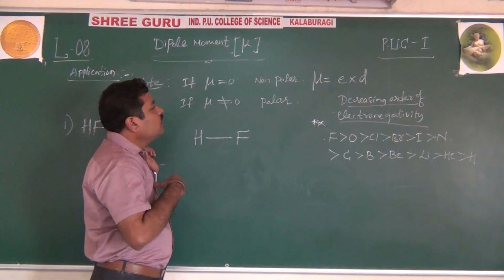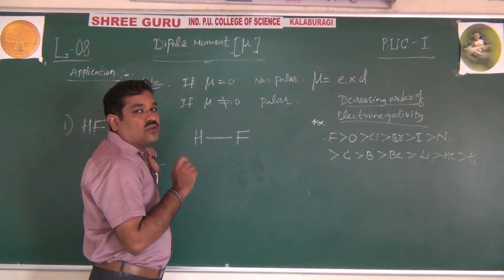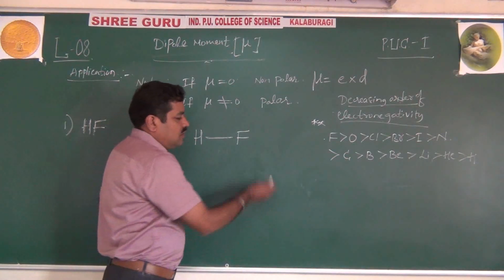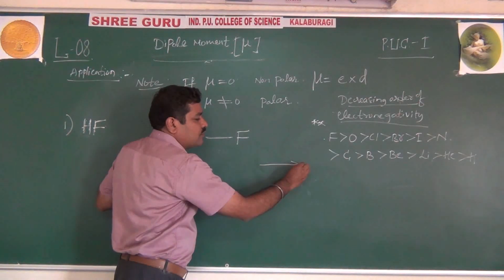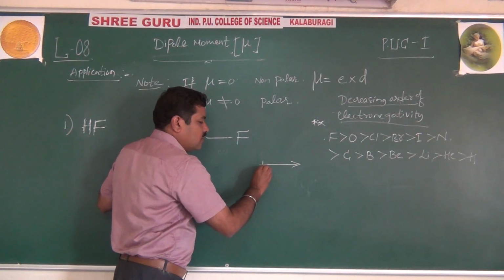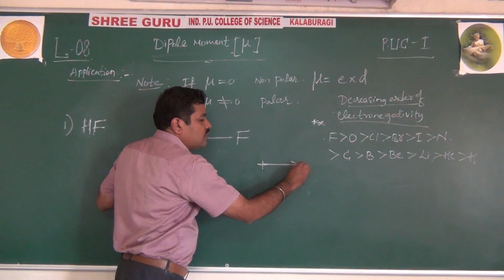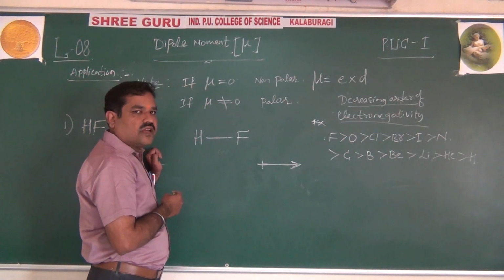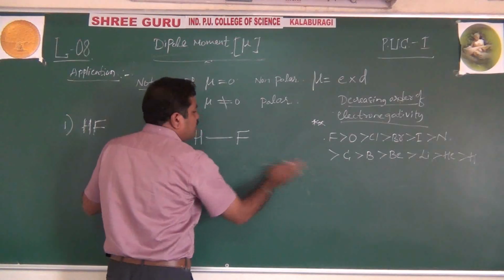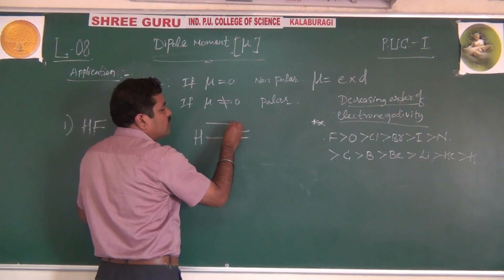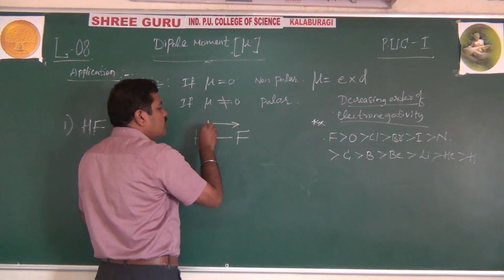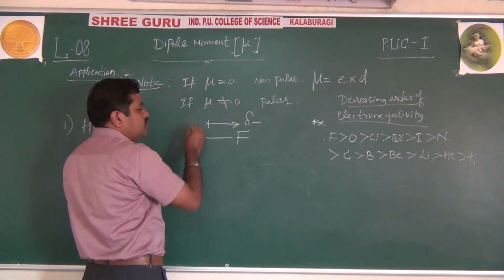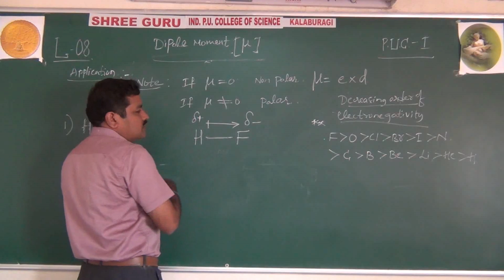So, it shows how the dipole moment depends on both magnitude as well as direction. Therefore, generally it is shown by an arrow mark. Now, fluorine is more electronegative, therefore the bond moment is shown from hydrogen towards fluorine, getting delta minus, and this is delta plus.